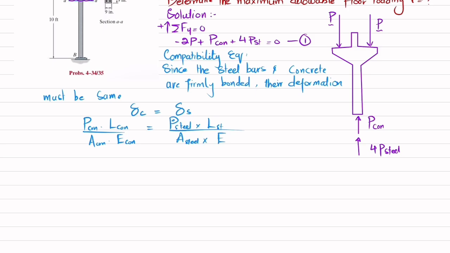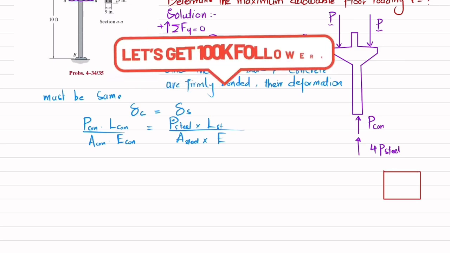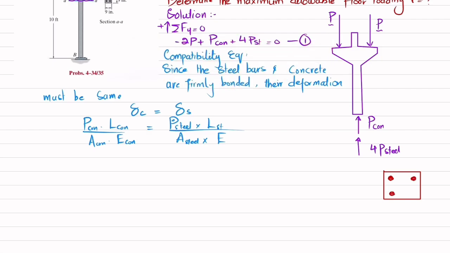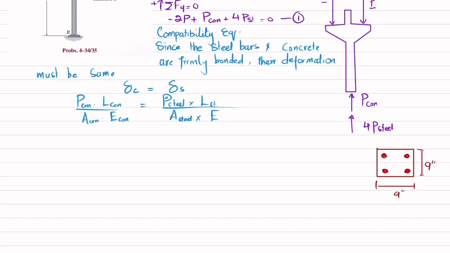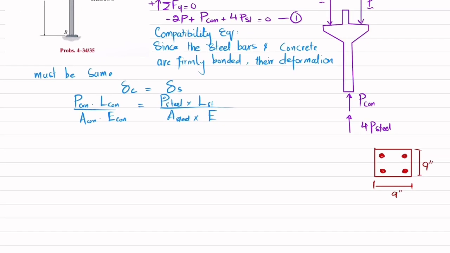First we will find the area of steel rod. You can see this is the cross section of concrete, 9-inch by 9-inch, with 4 steel rods. What will be the area of concrete?